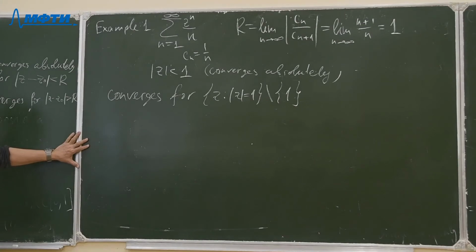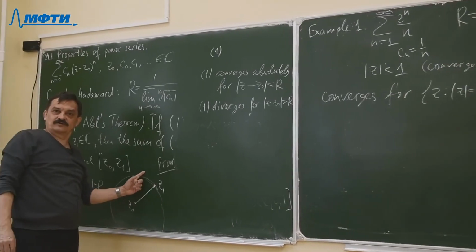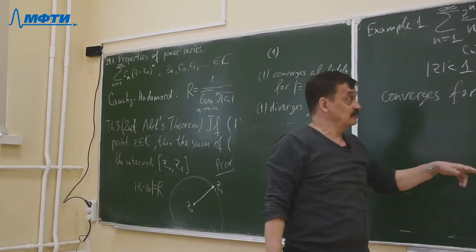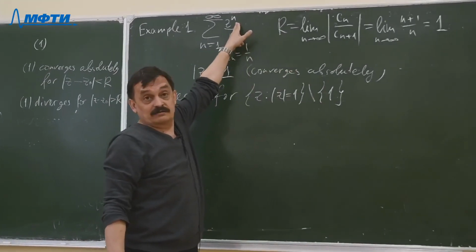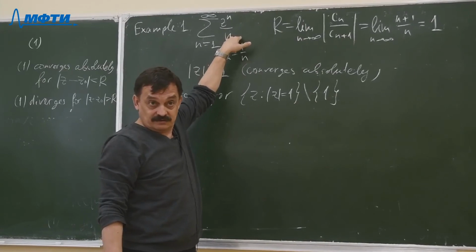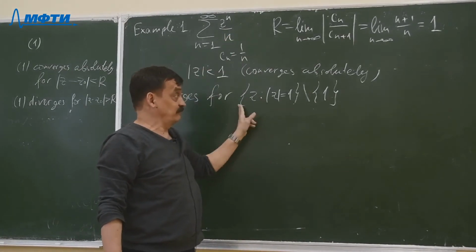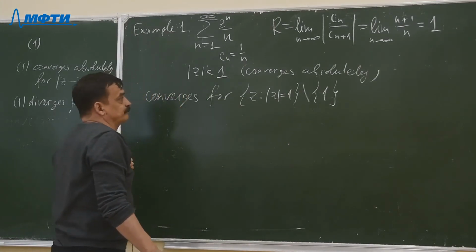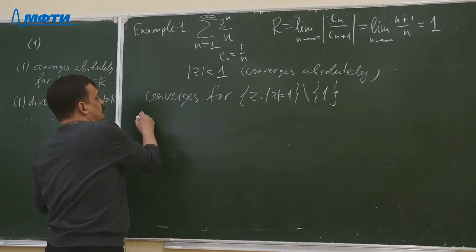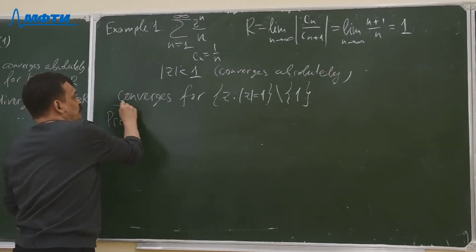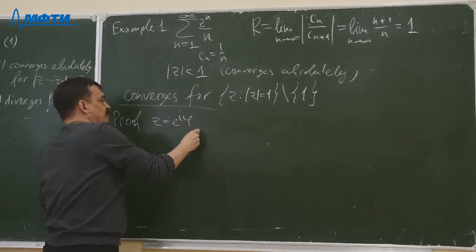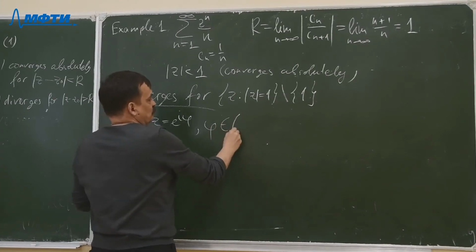So you see that on the whole circle of convergence, we have precisely one point where our series diverges, because we know that substituting 1 gives 1 over n, which diverges. But it turns out that it converges for all others. Let's prove it. So, proof for this: z equals e to the power i phi, where phi belongs to (0, pi).